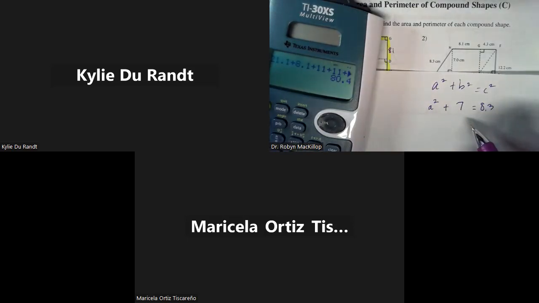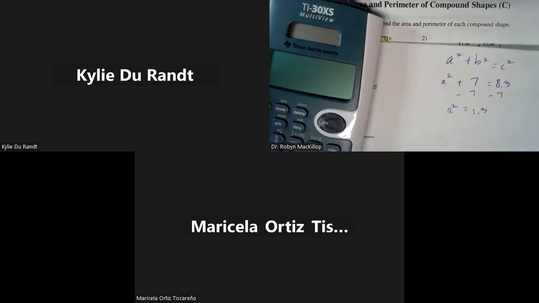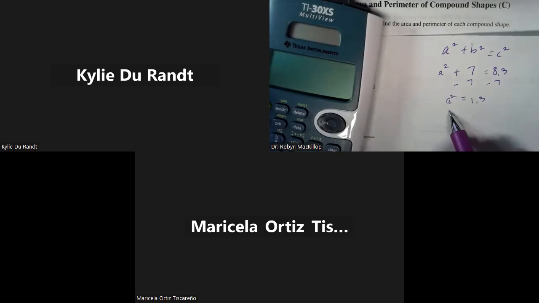Now, this is an algebraic equation. We need to get all the variables to one side, all the numbers to the other. So we're going to get rid of that 7. We're going to take it away from here because that zeroes it out. We're also going to take it away from here. Now we've got a squared equals 1.3. But we're not done because we need to break the a squared into a.